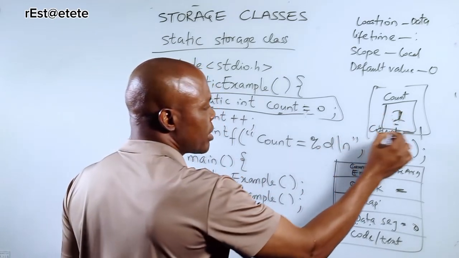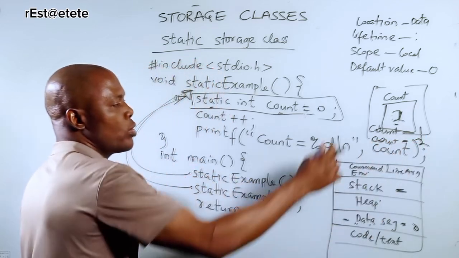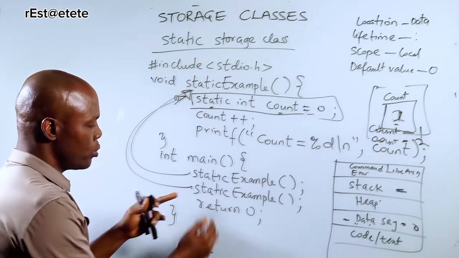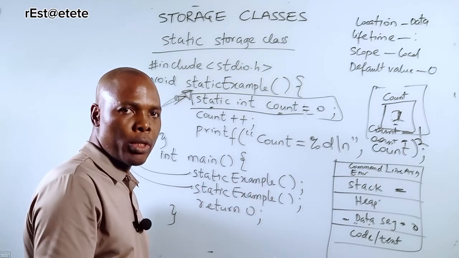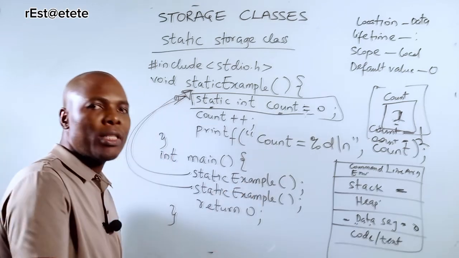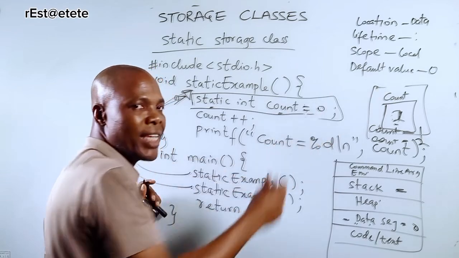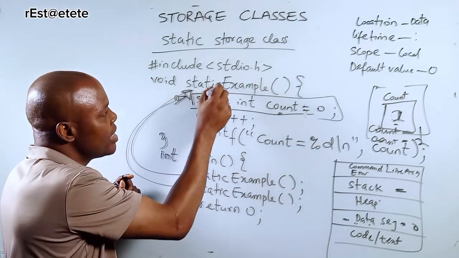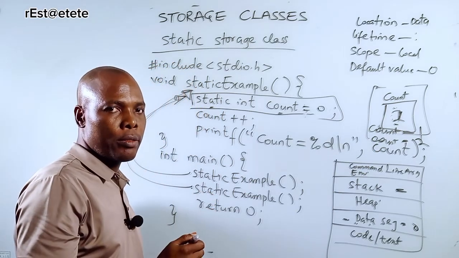So it prints count equals to 1, then count equals to 2. If you call it again, it will print out count equals to 3, and again, count equals to 4, because it will be incrementing what is existing inside it. So when you exit this function, this variable is not destroyed.